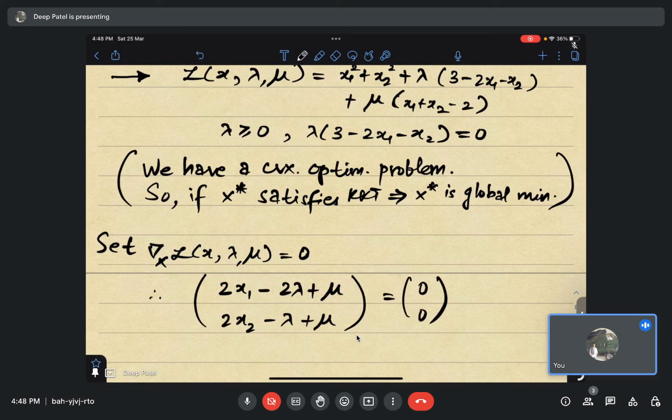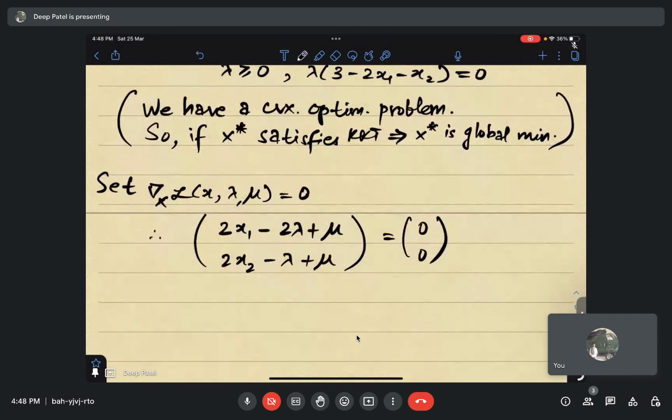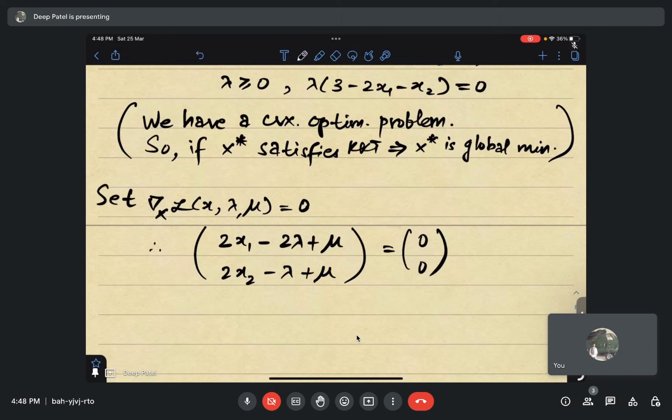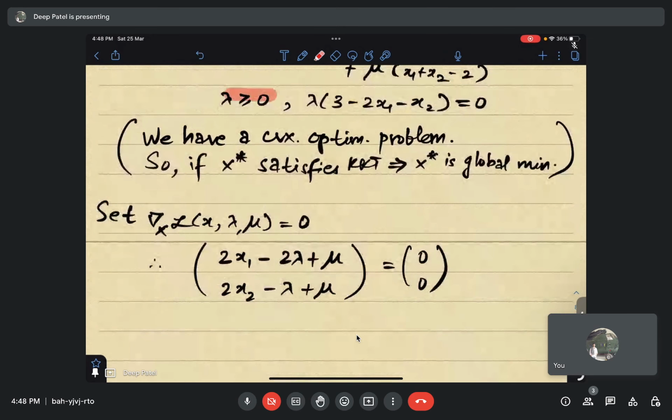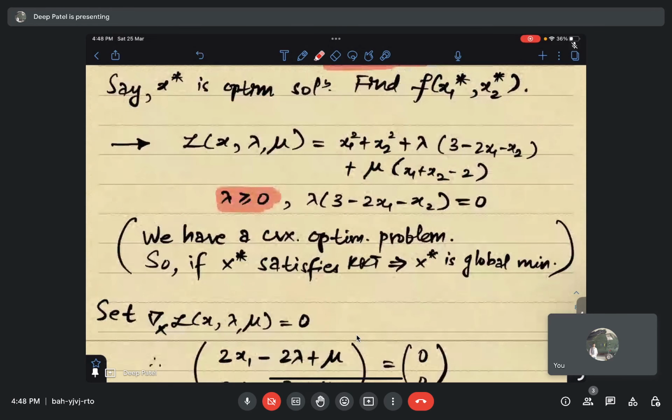Okay, so what else can we say from here? I first check the case where lambda is equal to 0, since there are two possibilities in the complementary slackness condition.